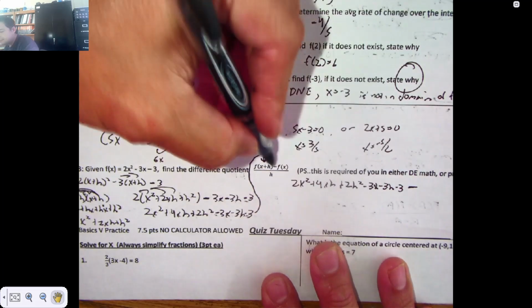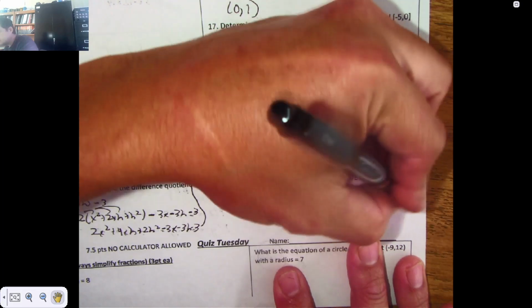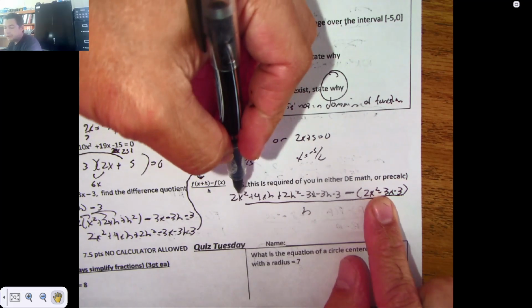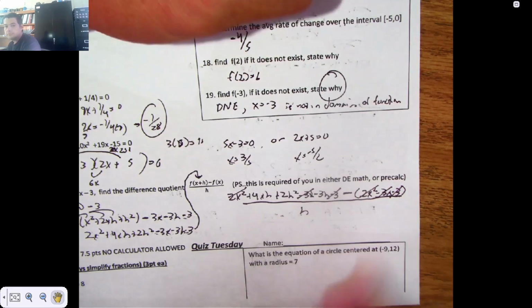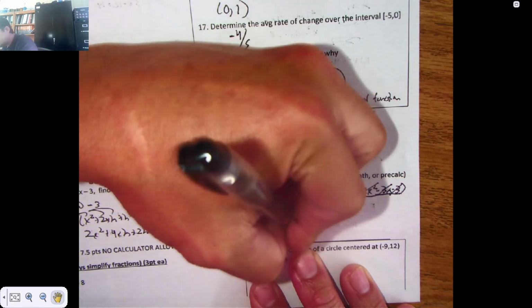Then there's a minus symbol. It says take away the original function. Better wrap it or you'll make mistakes. And it's all sitting pretty over an h. Now whatever's here will cancel out. And we are now left with 4xh plus 2h squared minus 3h all over h.